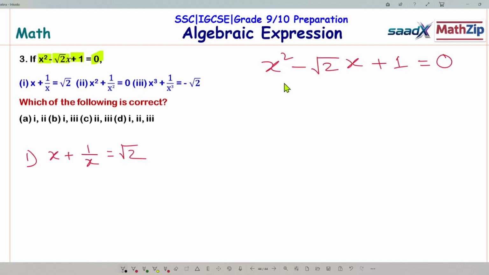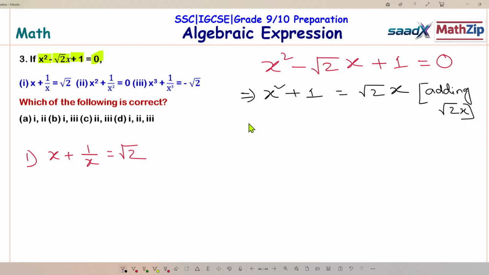Now if we simplify this one, we can write x square plus 1 equals root 2x, because we are adding root 2x to both sides.